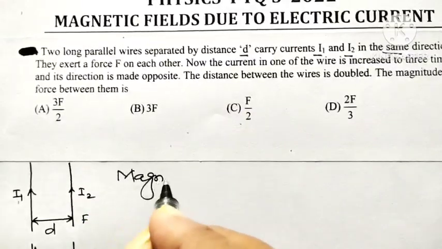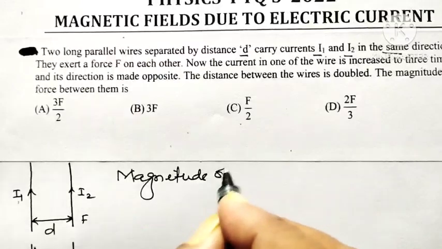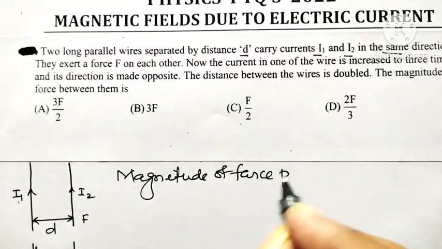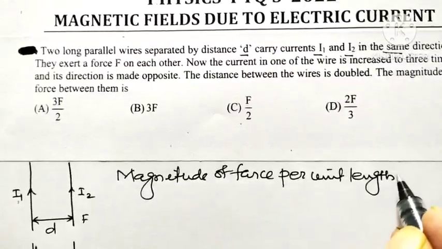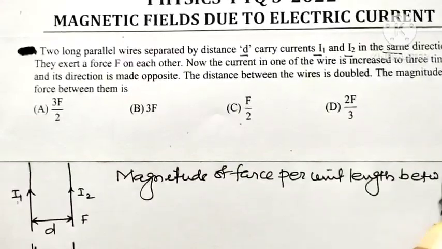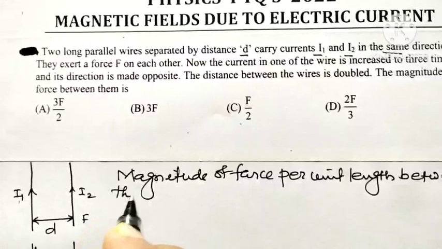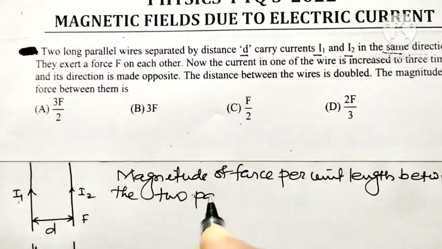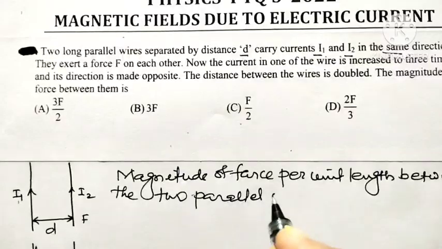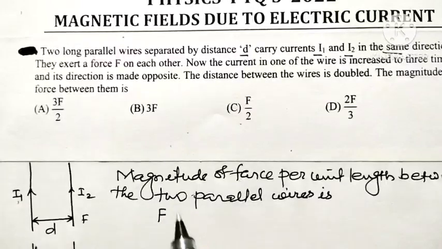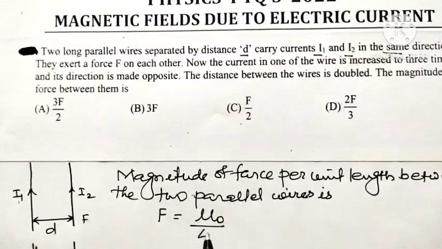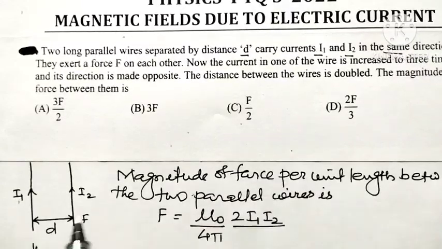The magnitude of force per unit length between the two parallel wires is, force per unit length is equal to mu 0 divided by 4 pi, 2 times I1 I2 divided by the distance of separation between the two wires.